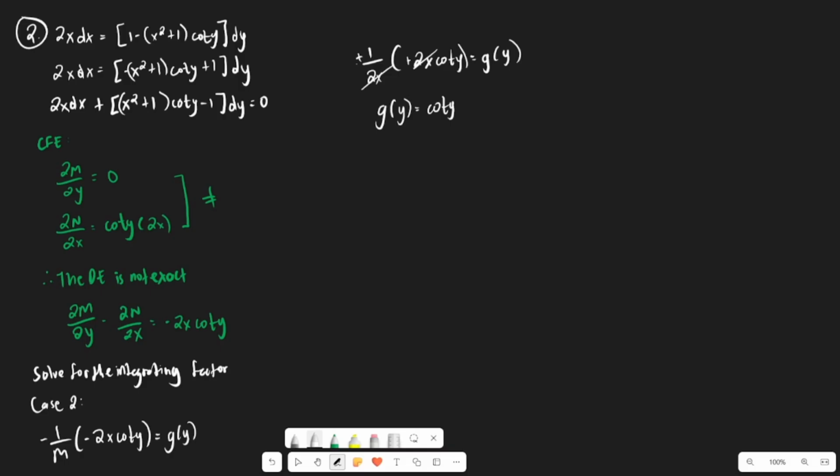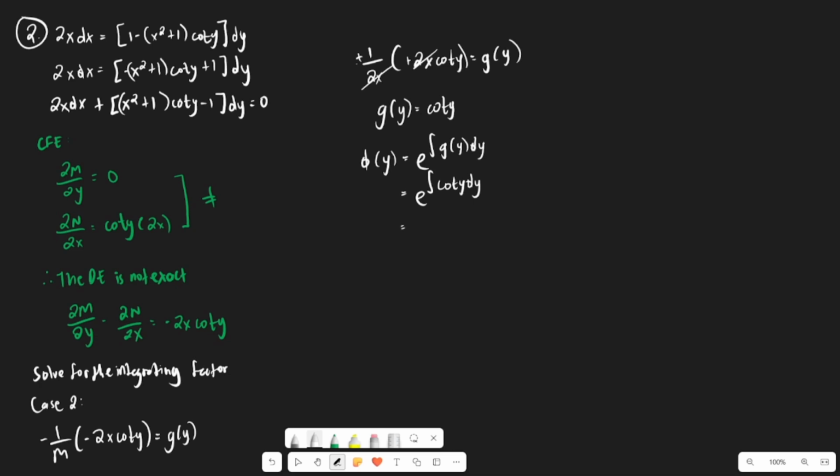Now for case 2, phi is phi of y. So this is equal to e raised to the integral of g of y dy, which gives us e raised to the integral of cotangent y dy.